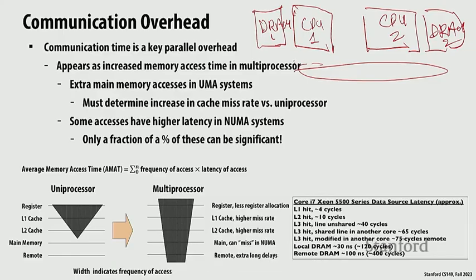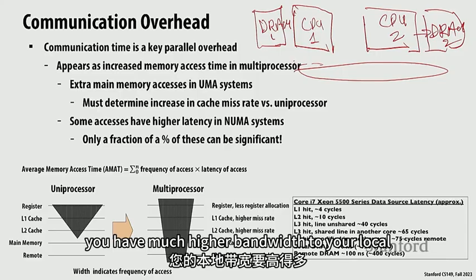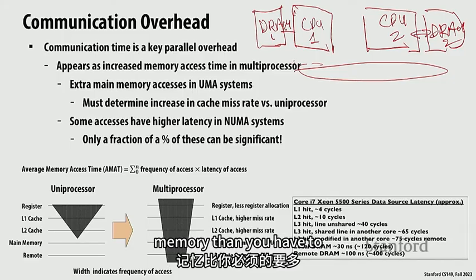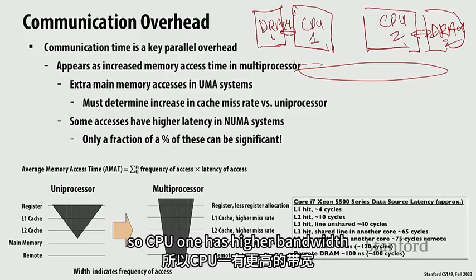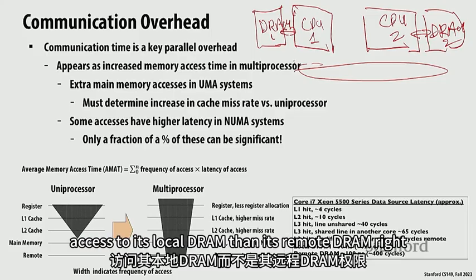So the idea is that CPU 1 has higher bandwidth access to its local DRAM than its remote DRAM.